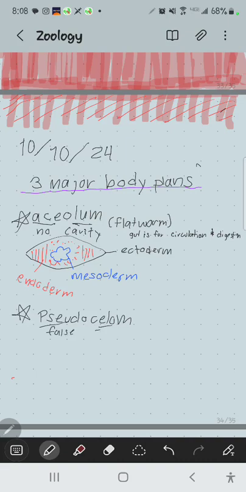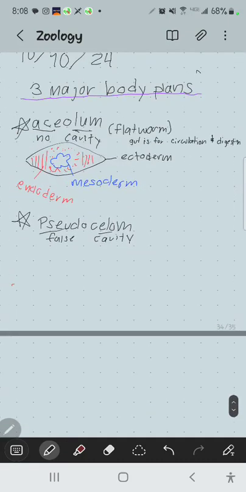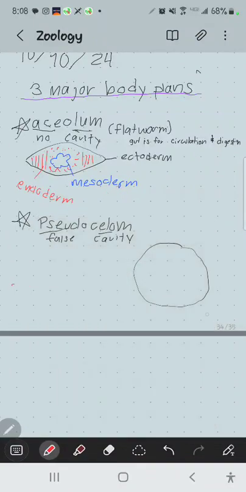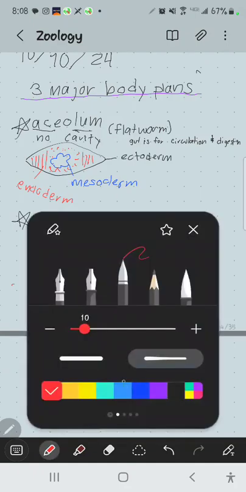Go ahead and draw them in using the same colors. Okay, so we have our endoderm. We have our mesoderm. And then we have our ectoderm here.